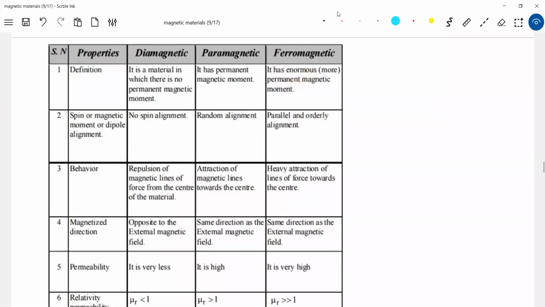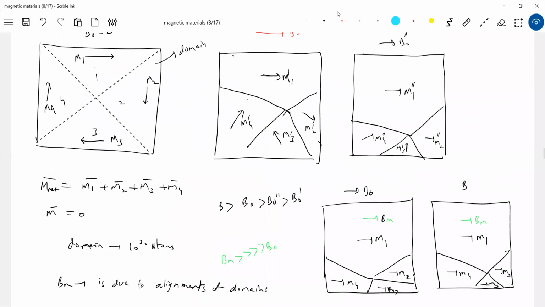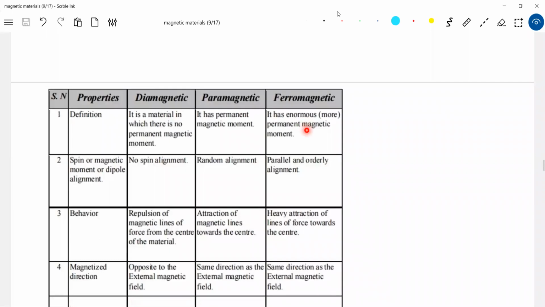Now your question, sir: you said earlier there was no magnetic field, but we do have some natural magnets, no? Ferric oxide, Fe2O3, magnetite, is called a naturally available magnet. From where did it get magnetism? Inside, the domains get realigned. So naturally also the ferromagnetic substance will have magnetism on its own due to some alignment of domains.